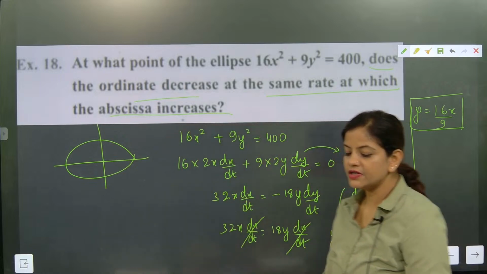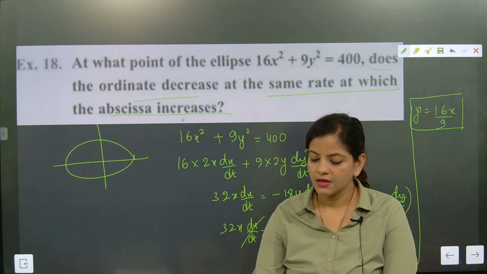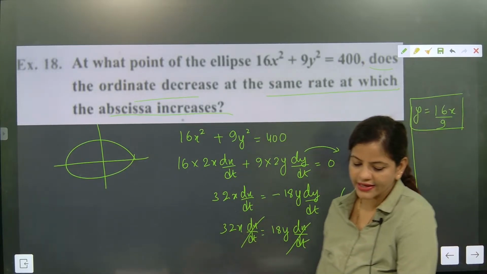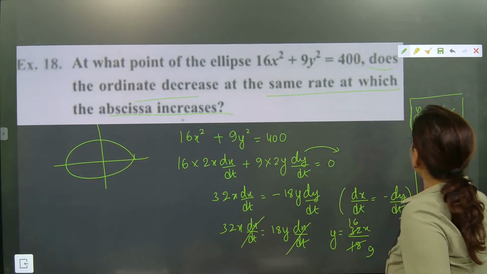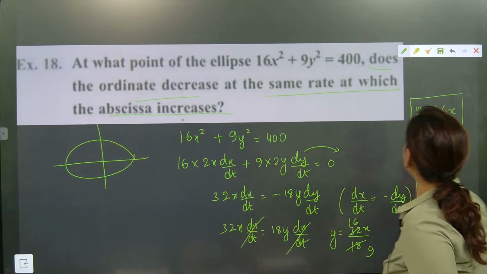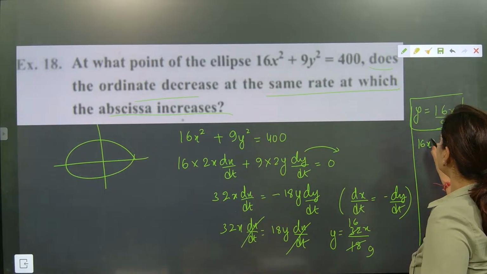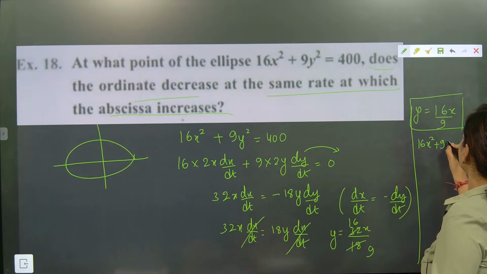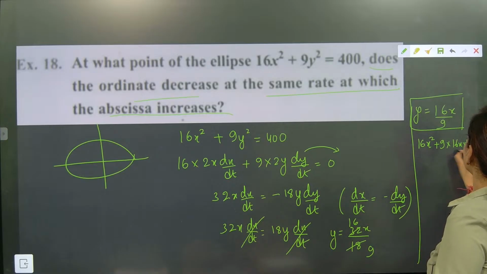I hope you have understood till here. Is it clear? It's not lagging right now, no? So instead of y, I can write here 16x square, plus 9 into 16x into 16x by 9 into 9 equal to 400.